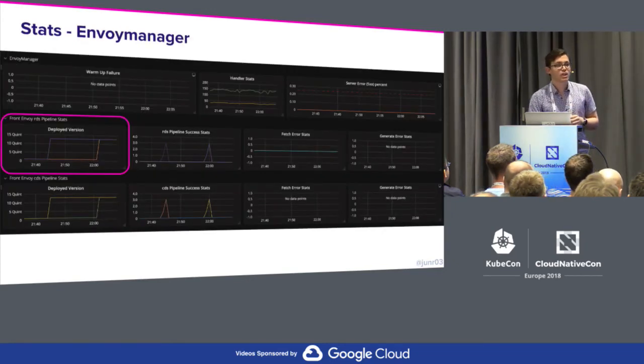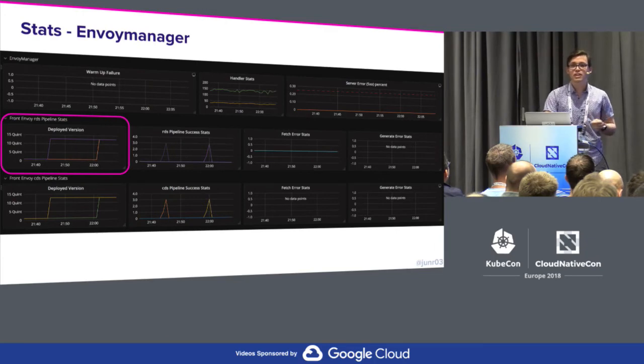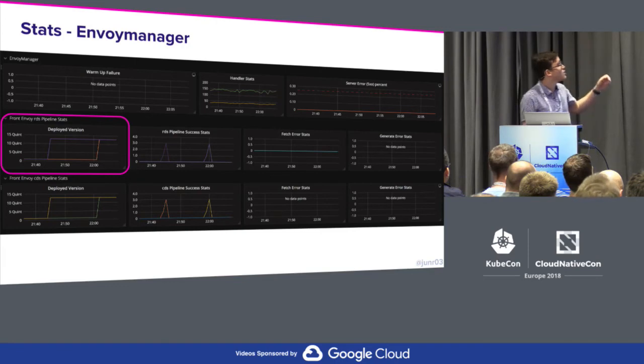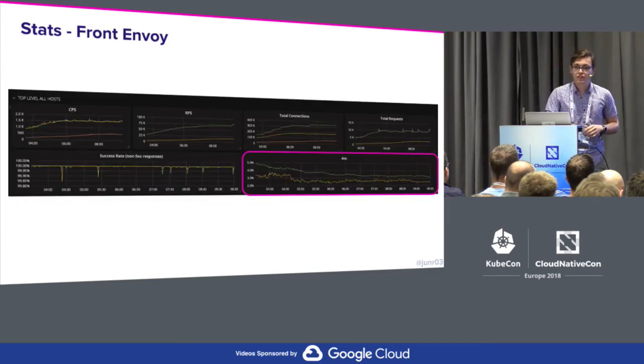Additionally, we provide rich monitoring for every configuration change at Lyft. So for example, this is a Grafana dashboard for Envoy Manager. And so when Envoy Manager is creating new configuration artifacts, you can see that versioning that I was speaking about before changing as the service developer is deploying in each stage. Additionally, we have dashboards, of course, in front of Envoy.